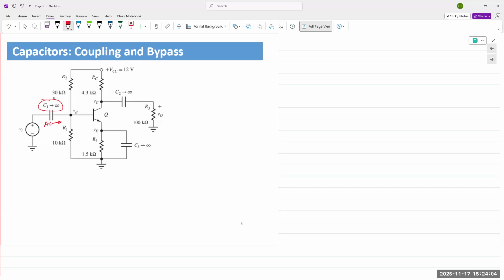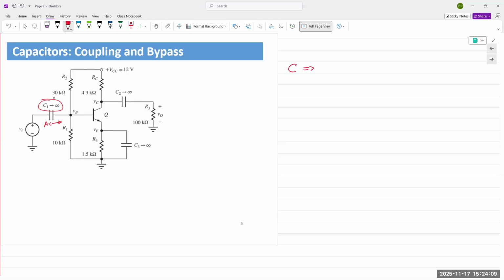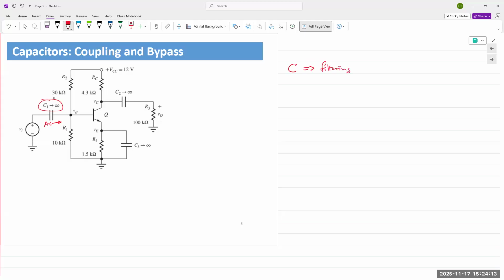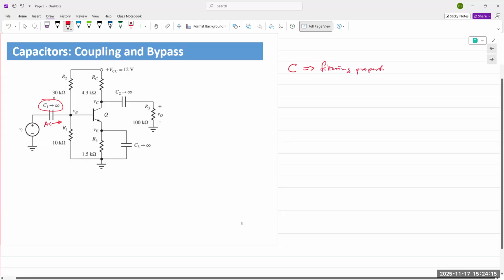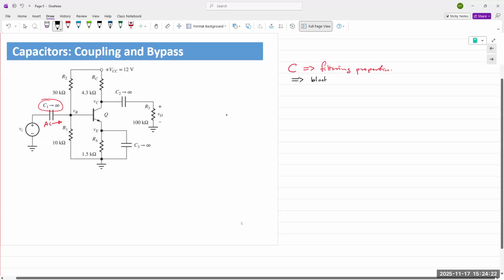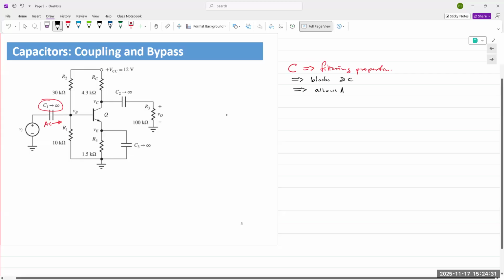So a capacitor has filtering properties. Blocks DC and allows AC. Well, of course, depending on the frequencies.